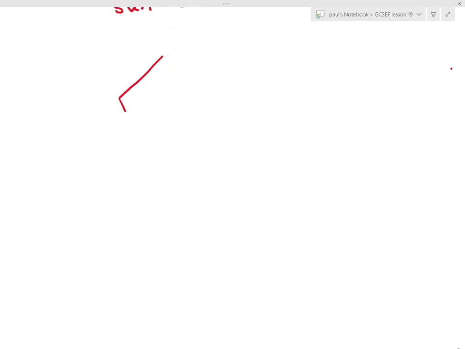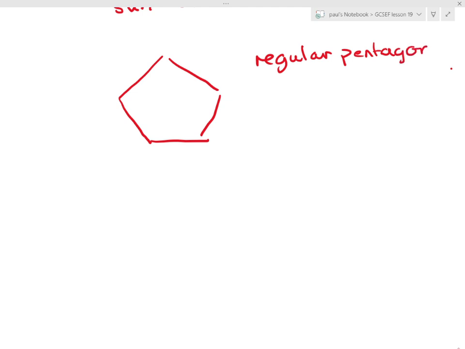So let's do exactly the same thing with a five-sided shape. 1, 2, 3, 4, 5. A regular pentagon. Okay, the external angle is this. There are 5 sides, so it's 360 divided by 5, which equals 72.